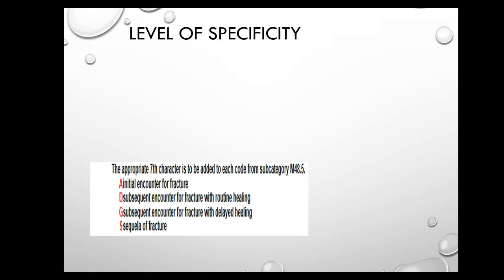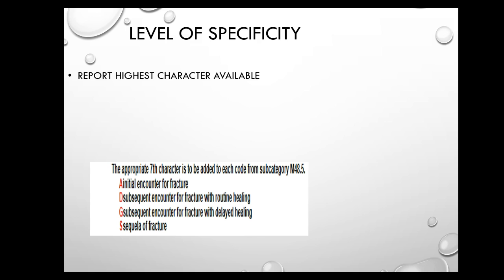Now let's talk about the level of specificity. The level of specificity requires that we report the highest character available. Just like in the example, we started with the 3-digit category of C81. As we see, reviewing the tabular list, we'll see several symbols that represent that the code is incomplete.